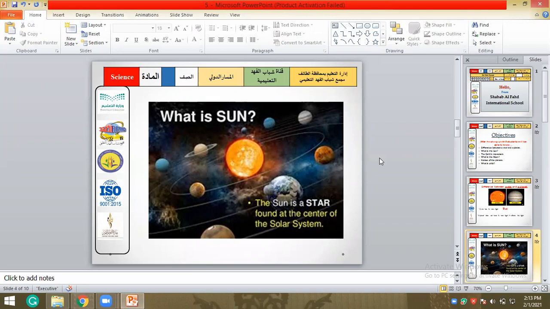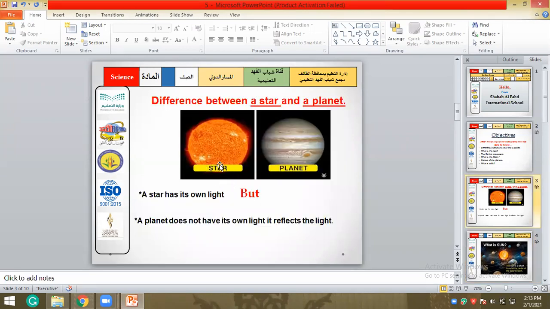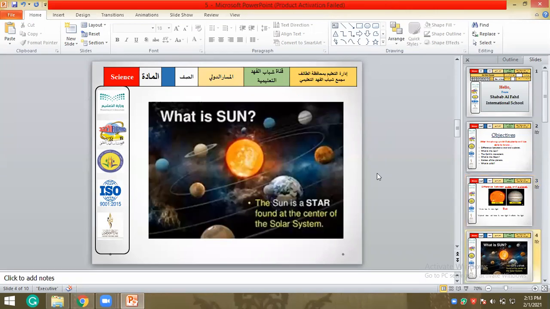So, as I told you, a thing which has its own light is a star, and the other thing which does not have its own light is a planet in our solar system. The sun is a star found at the center of our solar system. Other planets are revolving around the sun. They are moving around the sun in their own orbit, in their path.